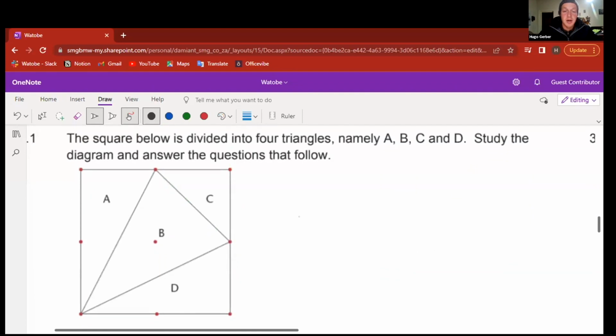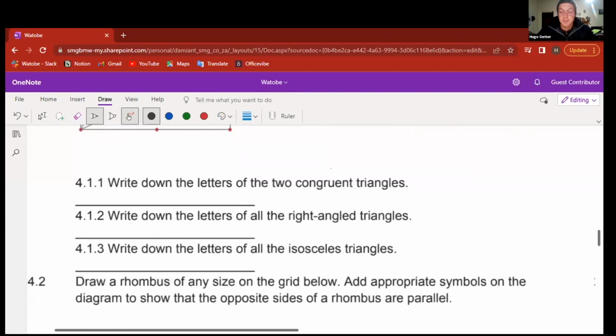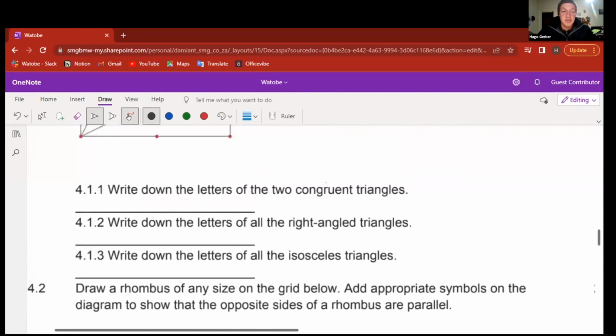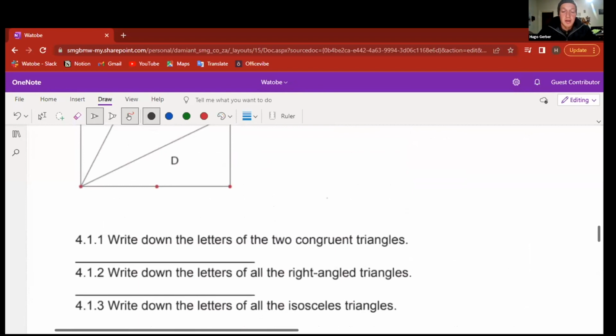The square below is divided into 4 triangles. Triangle A, triangle B, triangle C, and triangle D. They're asking you to study the diagram and answer the questions that follow. Let's look at the questions that follow. 4.1, write down the letters of 2 congruent triangles.